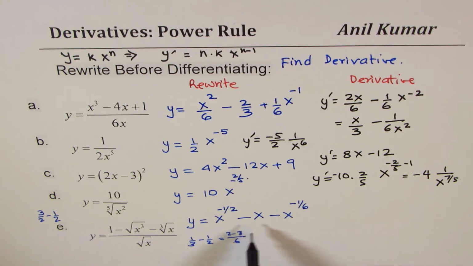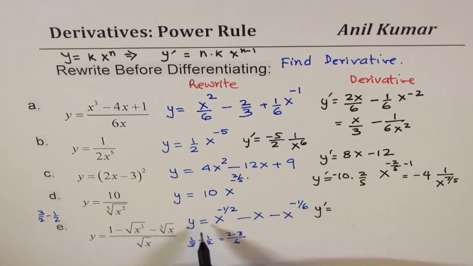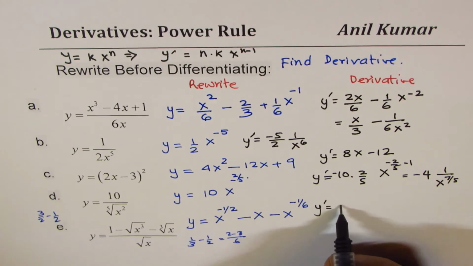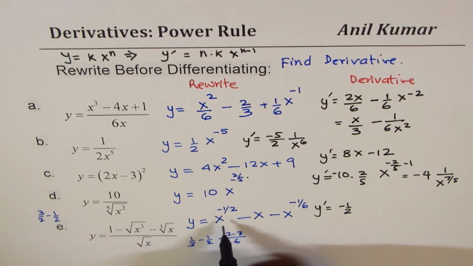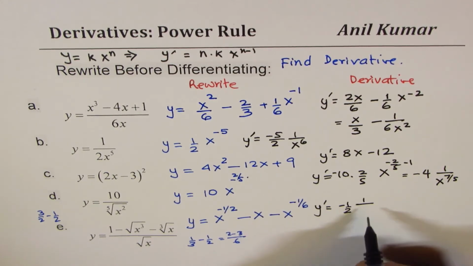Now the last one here, we could write y dash or y prime, the derivative of the function, as minus half, x to the power of, when you do minus 1, minus 3 by 2. So I could write this as x to the power of 3 by 2.